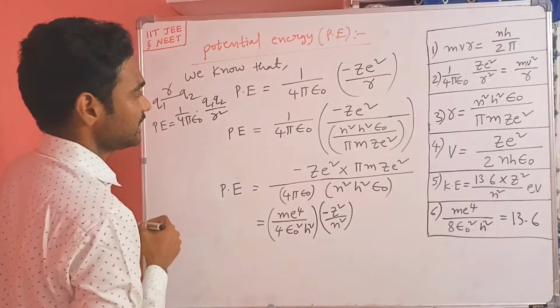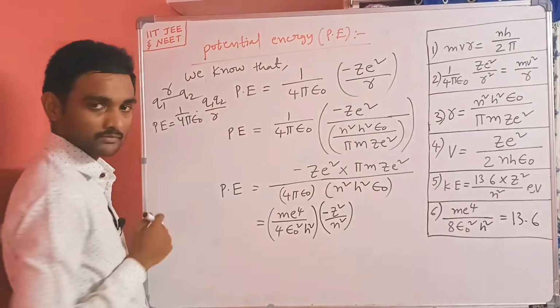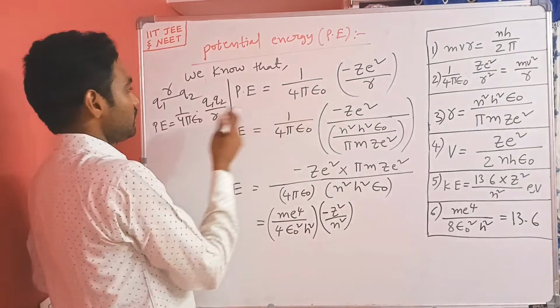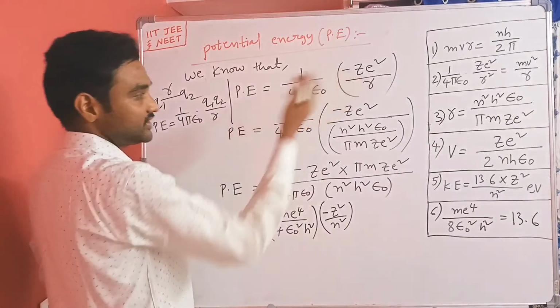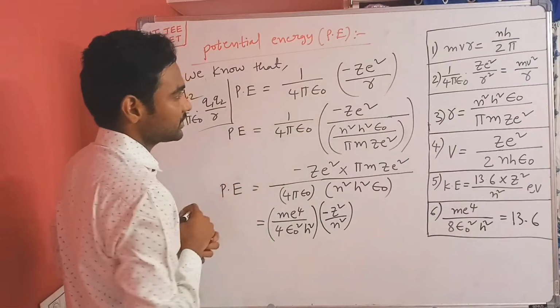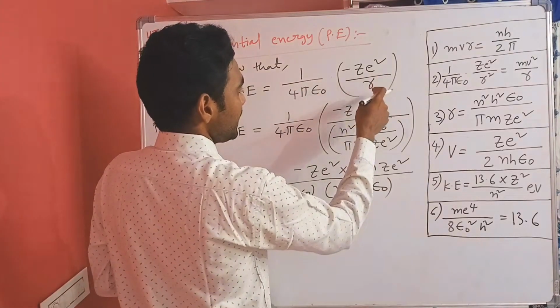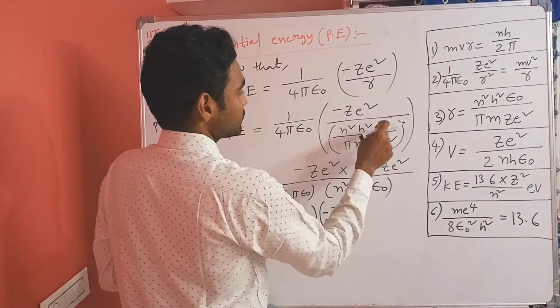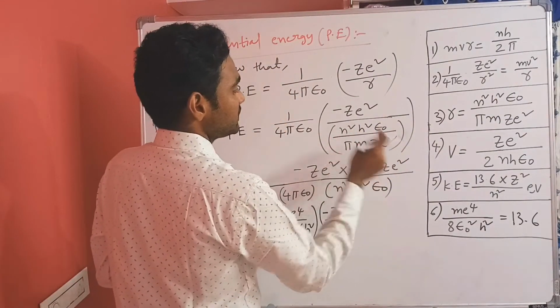Okay, sorry, r. From this, if you substitute Q1, Q2 values, then you will get this formula. Now see, potential energy is equal to 1 by 4 pi epsilon naught minus Z square by r. The r value we already know: radius of orbit is n square h square epsilon naught by pi m Z square.